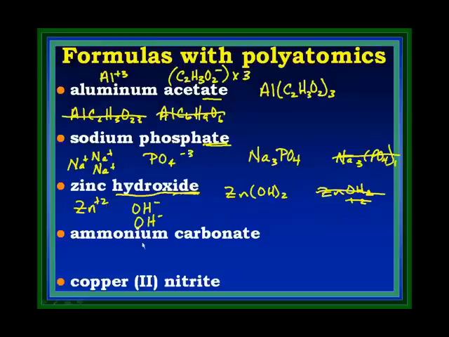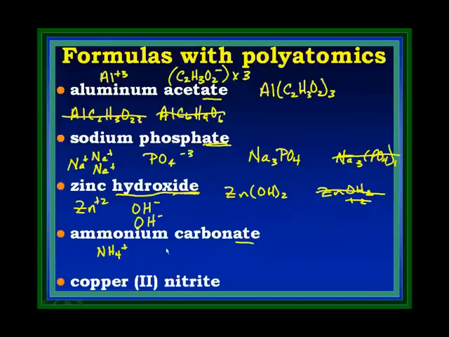Okay, ammonium carbonate. Ammonium. There's no ammonium on the periodic table. Ammonium is one of those weird polyatomic ions. It is one of the only positively charged ones. So NH4+, and then carbonate, ate, means I'm looking for another polyatomic ion.